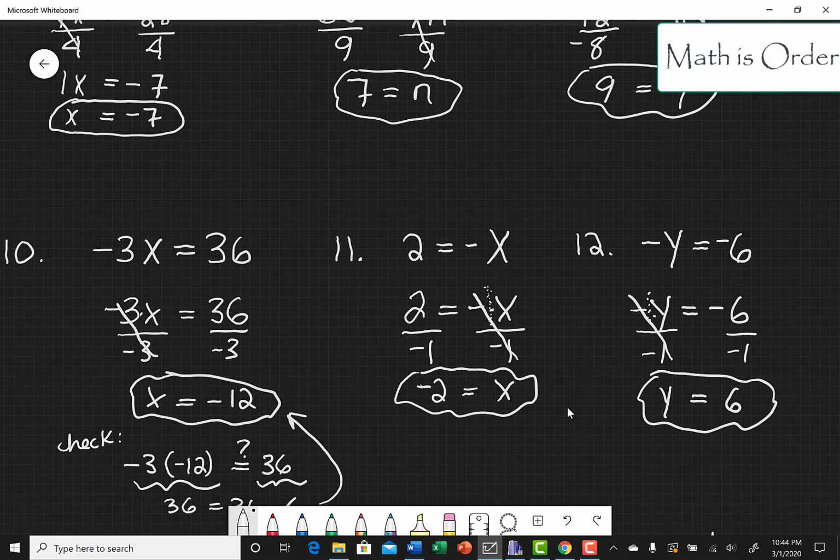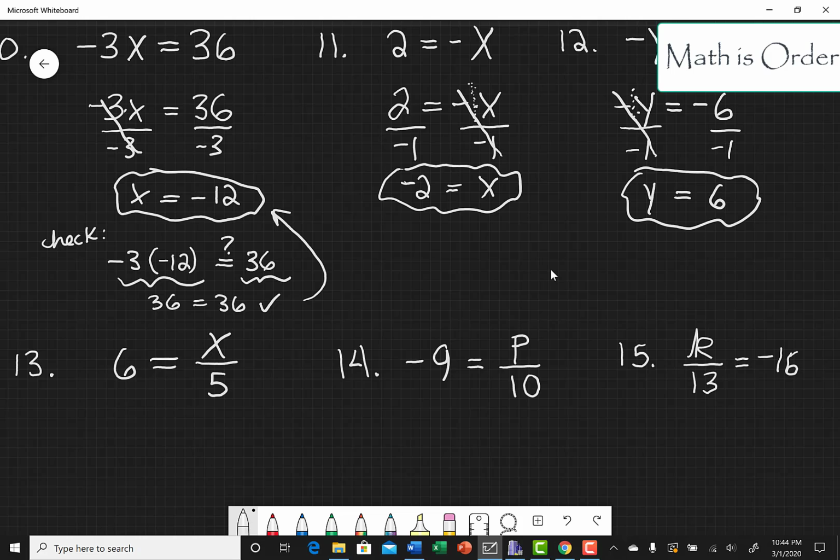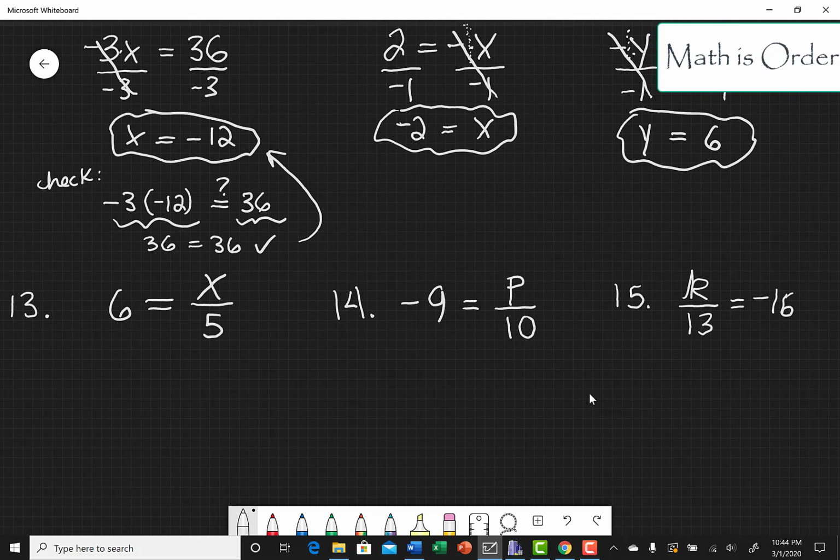A couple more. All right, look at these here. Now, here, our goal is to get the variable by itself. Now, what is that 5 on the bottom doing to x? That 5 is dividing x. So we've got to do the opposite, right? The opposite of division is to multiply.